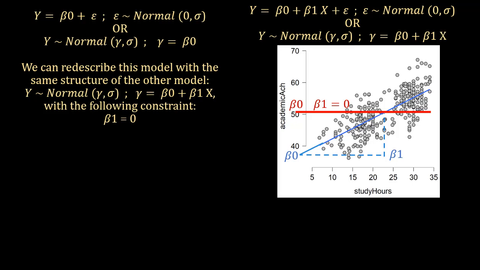I just copied this line there. But in this case, we add the following constraint, that beta 1 equals 0. Okay, so if we replace beta 1 with 0, 0 times x is 0, so beta 0 plus 0 is beta 0. So we have the same as before.